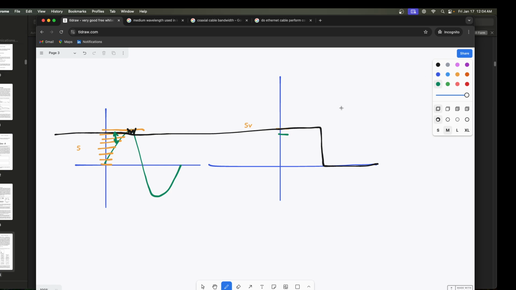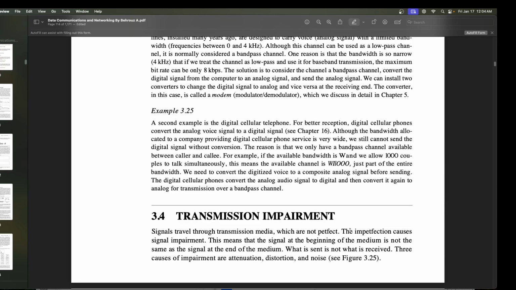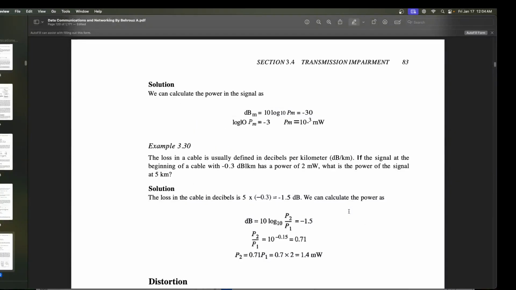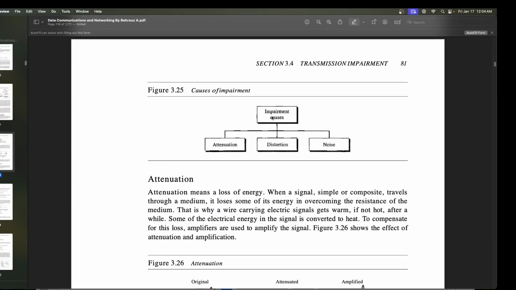I see. Now, transmission impairments: there can be attenuation, distortion, or noise. Attenuation is basically loss of energy. For example, the law of conservation of energy, right?